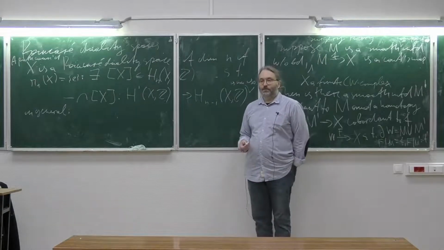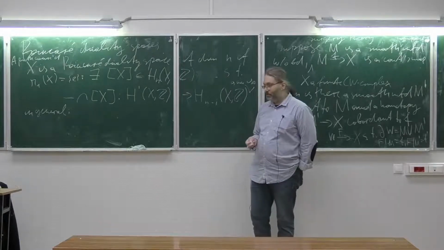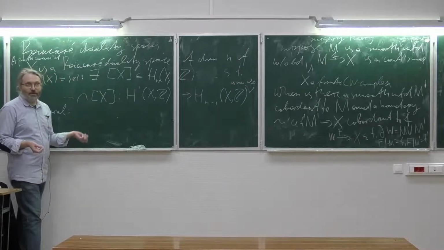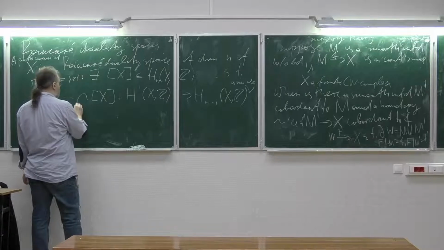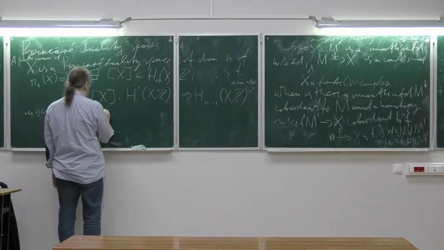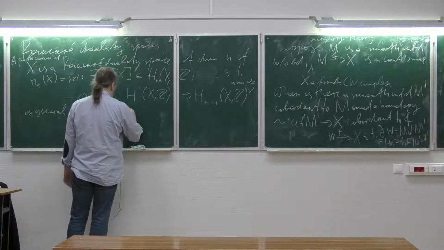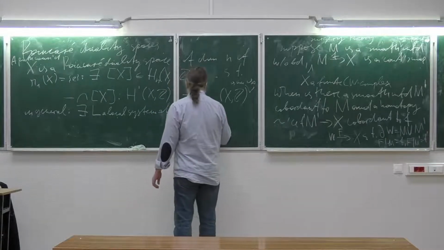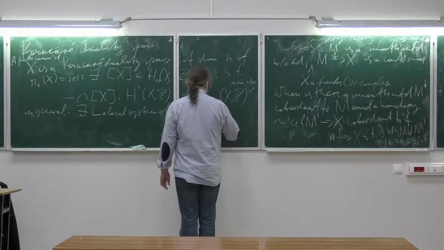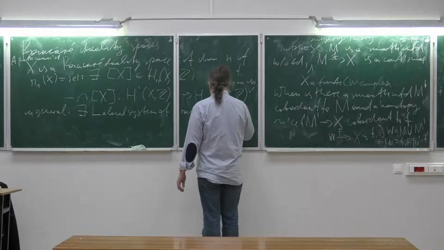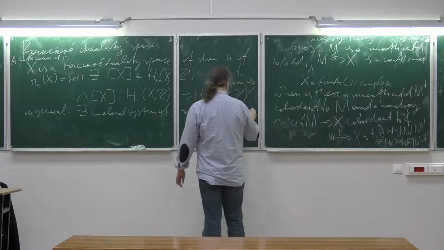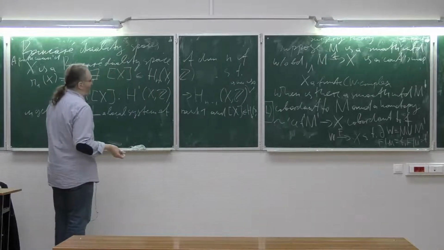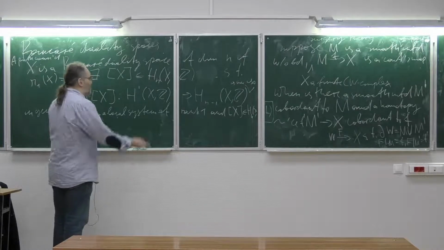Well, there aren't any surprises here. So, in general, we require that there should be a local system L of rank 1 and a class in H_n(X; L), which has basically the same property.